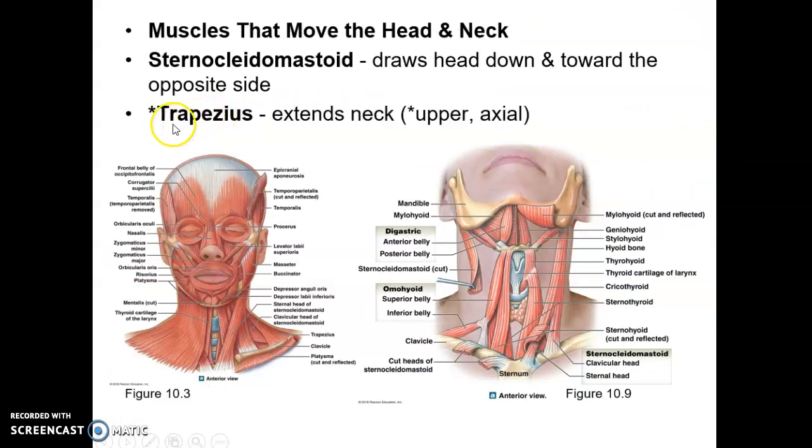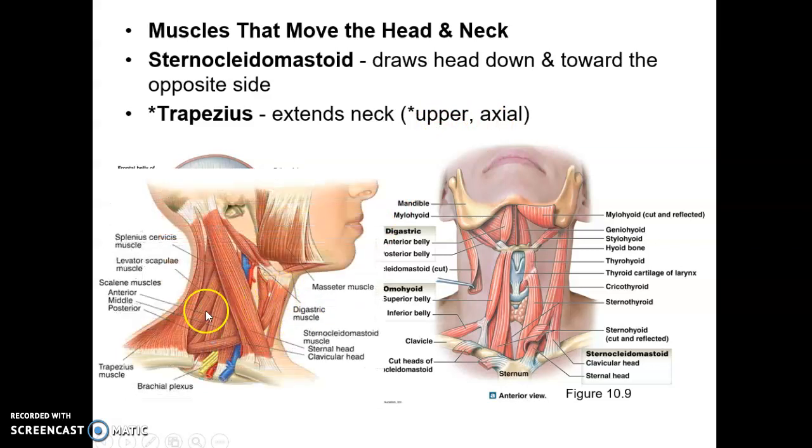And then also the trapezius extends the neck, like if you're looking up towards the ceiling, and that's the upper portion, axial portion. You can barely see a bit of it here. I believe I have a picture for you. Here you go. Here's the trapezius muscles, and we'll see it spans a large portion of the back, but the superior part of it, when it contracts, it's going to elevate the neck or the head to look up.